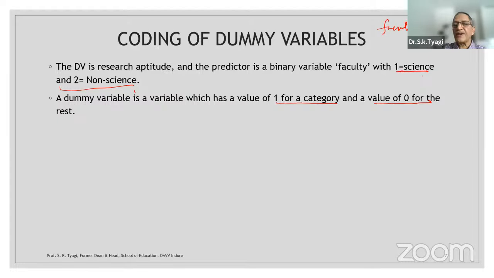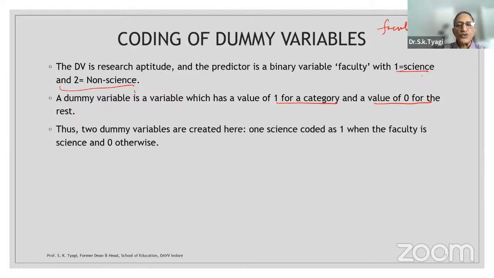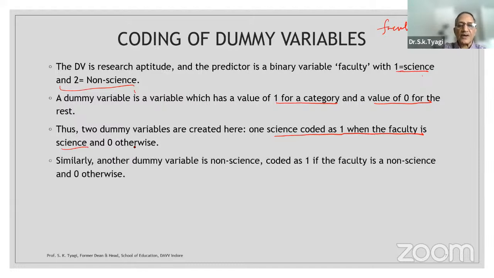This will be one dummy variable. Thus, two dummy variables are created here. One is science, coded as 1 when the faculty is science, otherwise 0. And the second is another dummy variable, non-science, coded as 1 if the faculty is non-science and 0 otherwise.